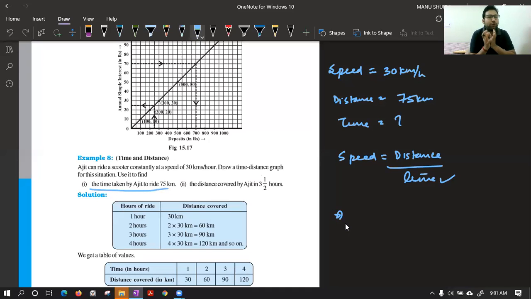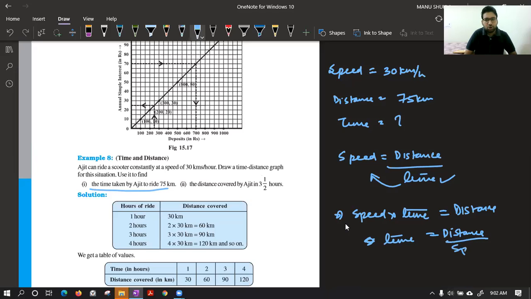Whatever we want to find, class, I have told you, we need to keep that thing alone on one side. We have to isolate that. So we want to find the time. Let us bring time on this side. It becomes speed into time is equal to distance, and finally it becomes time is equal to distance upon speed.